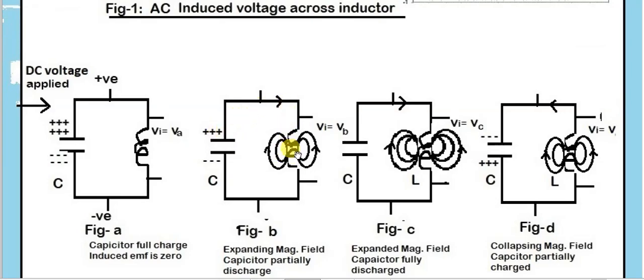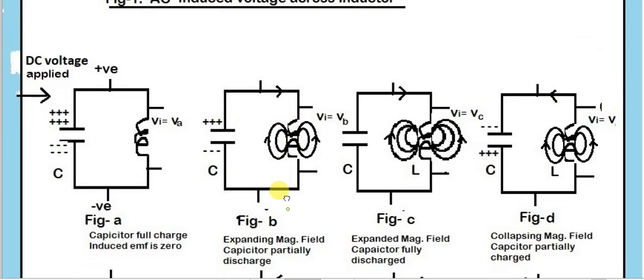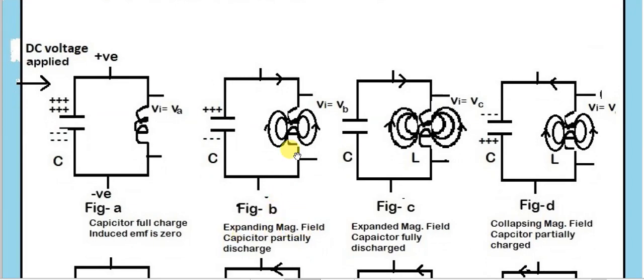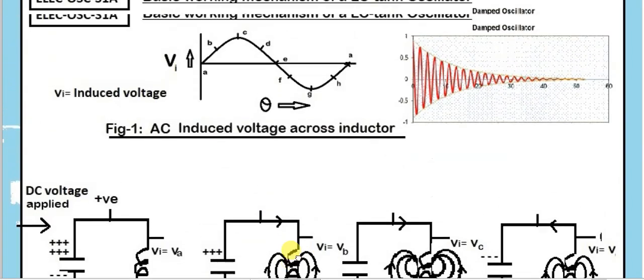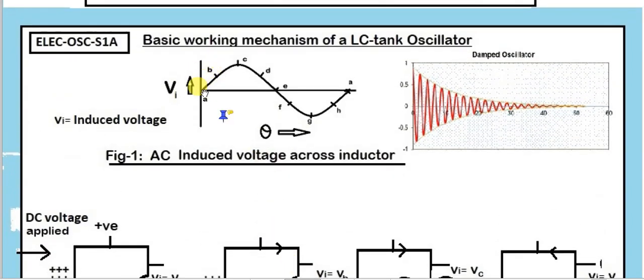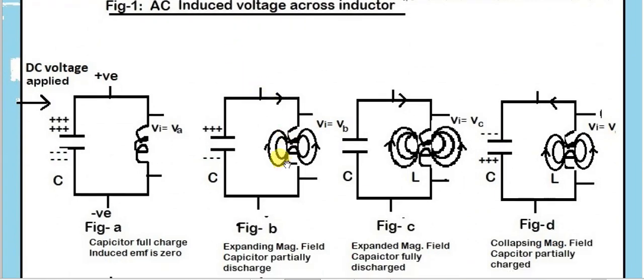You can see the expanding magnetic field here. It is the point VI, which is point B here. So the induced voltage is now being experienced at the output from A to B. VB is taken on the graph of the output AC voltage.